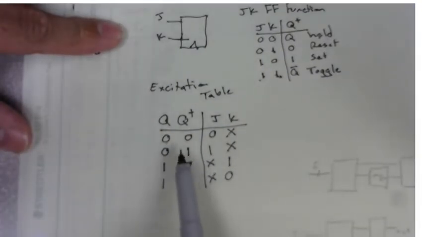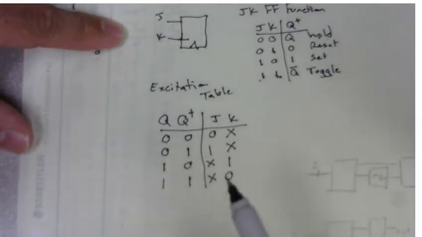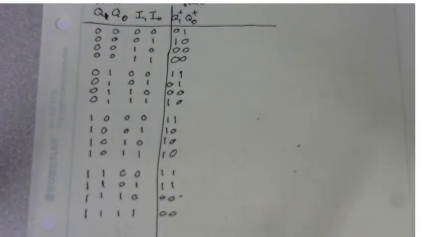Whenever we have a certain state and we want this state, this is the inputs that we need. I would recommend that you dig this out of your notes because I'm going to use it, but because it's a little bit tricky to show it all on the screen, we're probably just not going to show it on the screen.